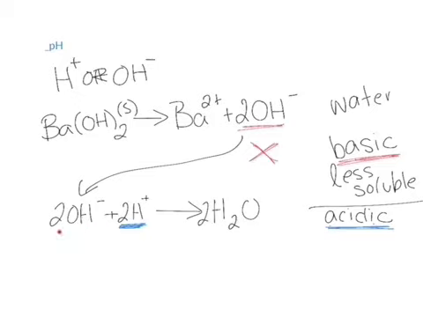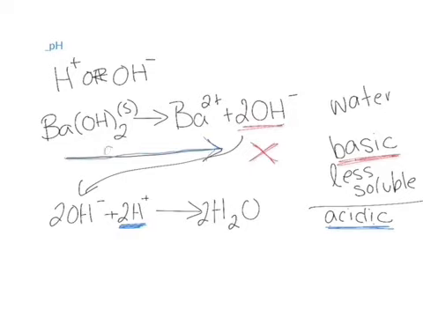The OH minus would get used up by the H plus, forming more water, which drives the overall equilibrium towards the products in our first reaction. So the overall equilibrium will drive this way if you are in an acidic solution. Let's keep our color scheme the same here.